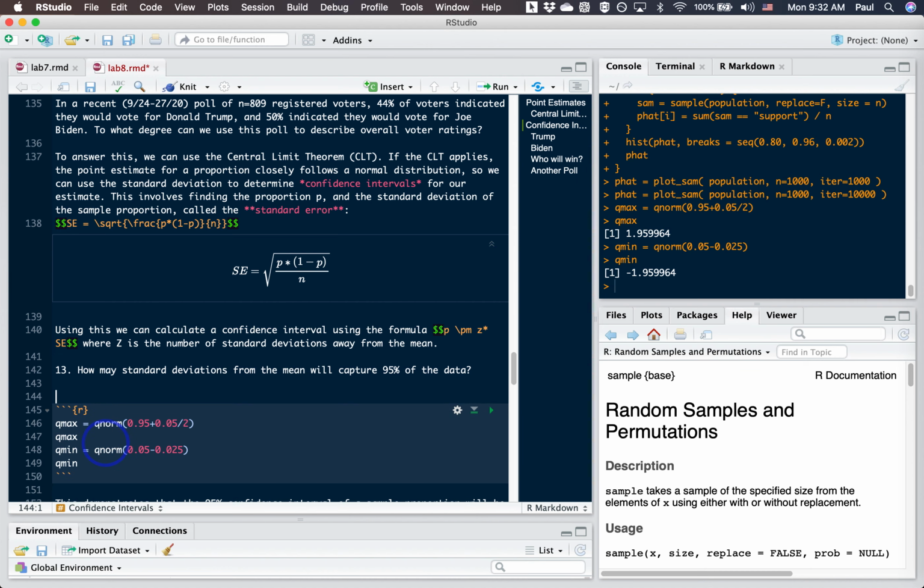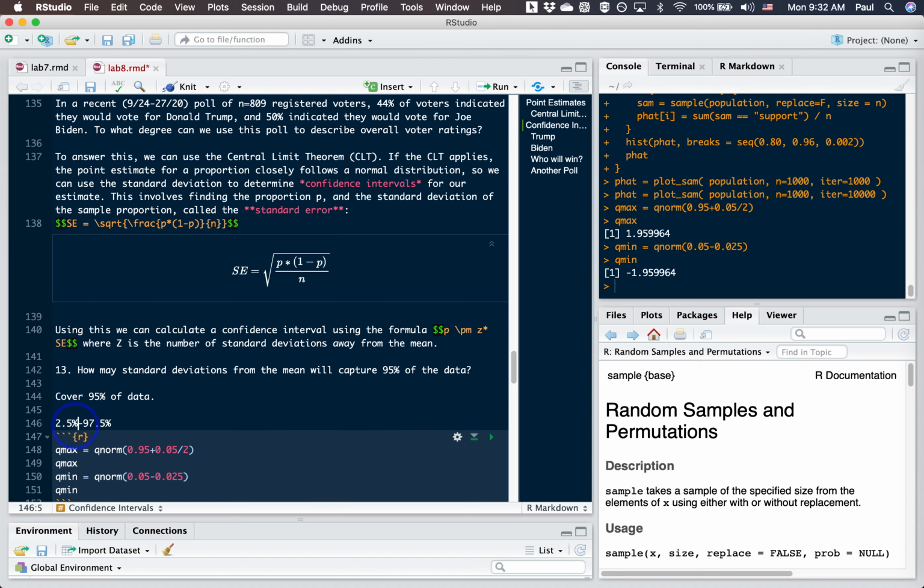So I'm going to write this out. We want to cover 95% of the data, but that'll be centered around the mean. So really, we want to go from 2.5 to 97.5 of all the data.